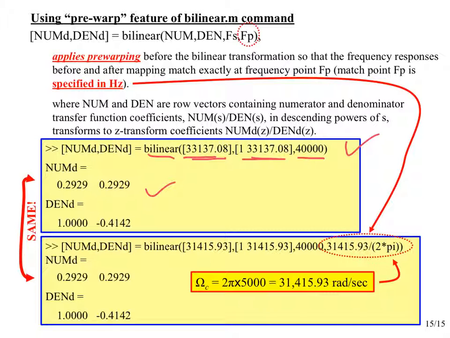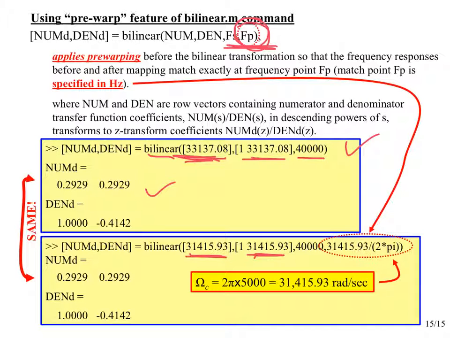If we use bilinear with the pre-warping feature, we get to tell the bilinear command, this is the frequency that we don't want warped. So that one frequency from the continuous time better end up exactly at the corresponding discrete time frequency. So notice what we do. Instead of putting in 33, we put in our regular 31 in here. That's the equivalent of 5 kilohertz converted into radians per second.